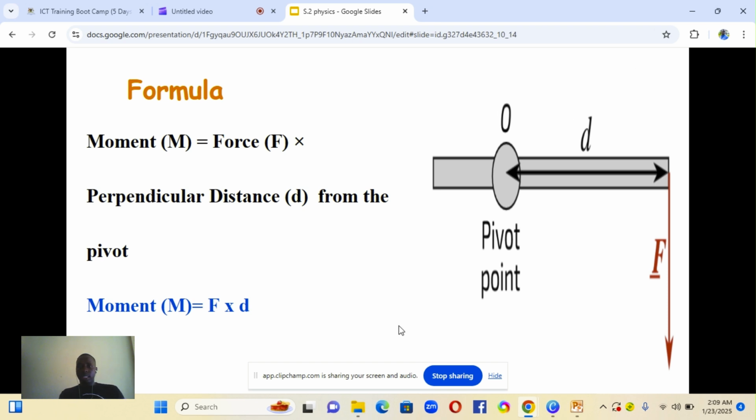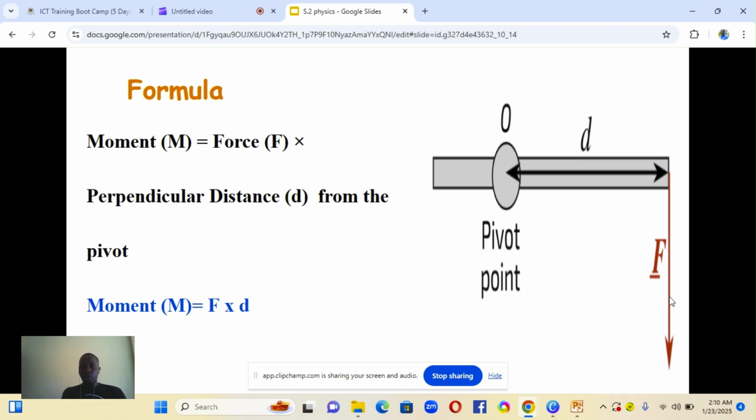Now, as you see in this diagram here, we have point O as our pivot point, and there is a distance from O to where F is acting downwards. That distance is a perpendicular distance from the pivot. We call it perpendicular because that distance should be making 90 degrees with the line of action of the force.